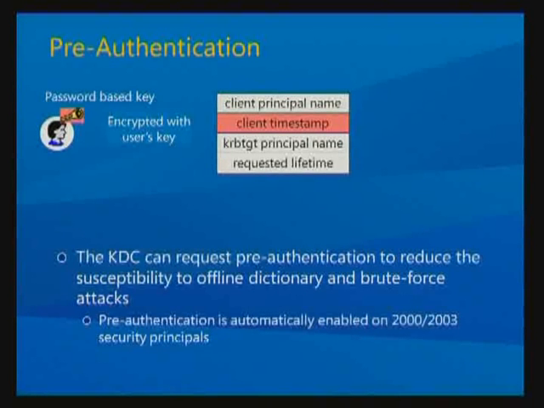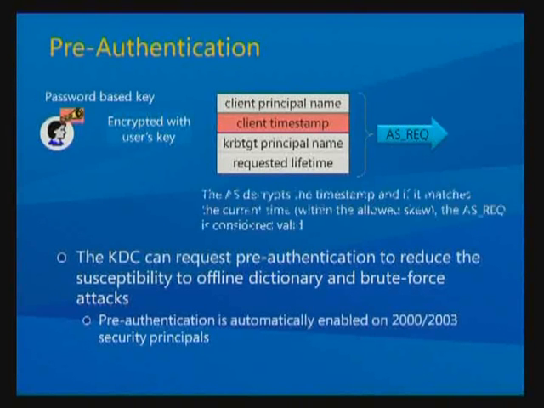So what happens now is we encrypt the client timestamp with the key generated from the password hash. The guy at the other end gets hold of this, and if he can decode that, and he's happy with the timestamp and it's within the skew period, he'll say, yep, that probably is the genuine person. So he'll reply.